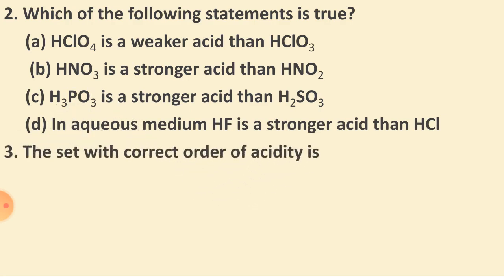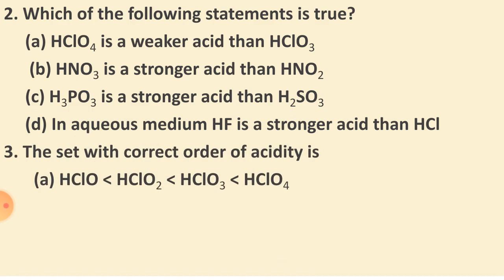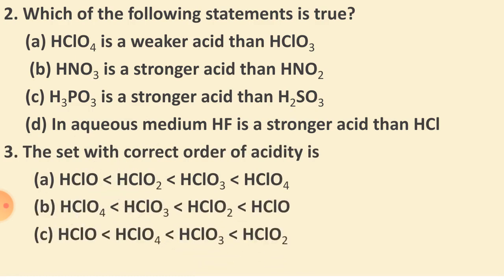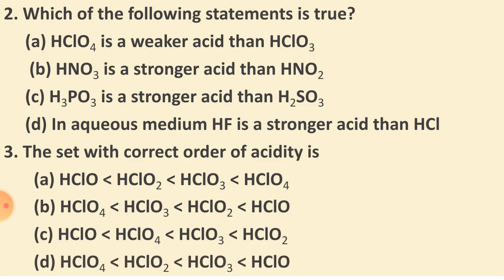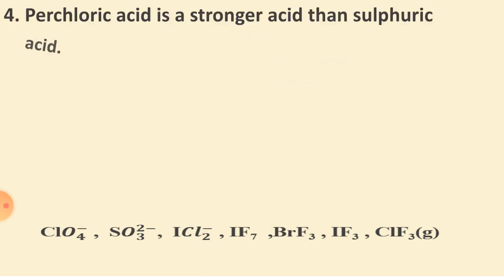Now question number 3. The set with the correct order of acidity is. Here 4 options are given of increasing order of acidity. So you have to find which is the correct order of acidic strength out of the 4 options.